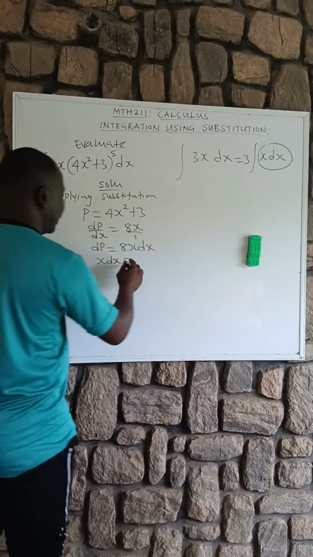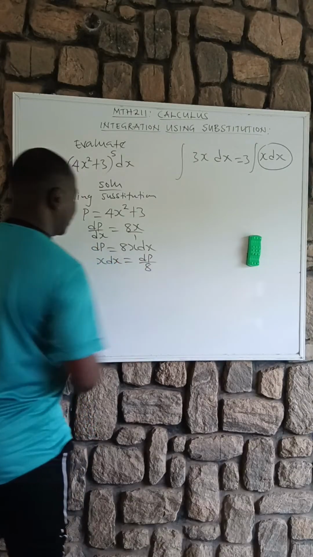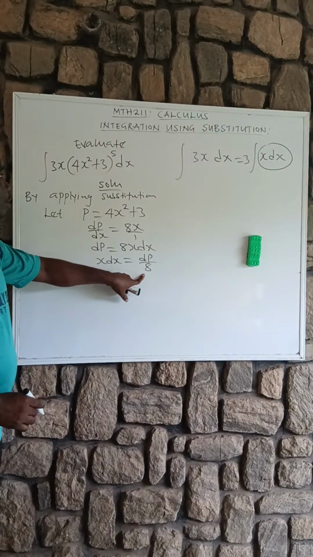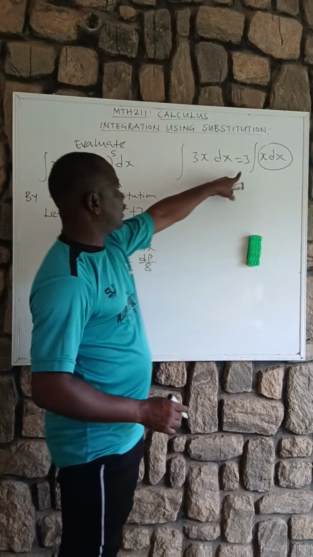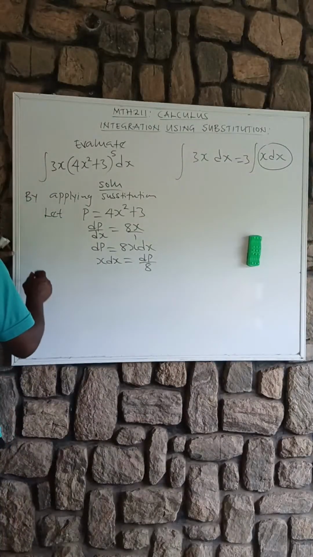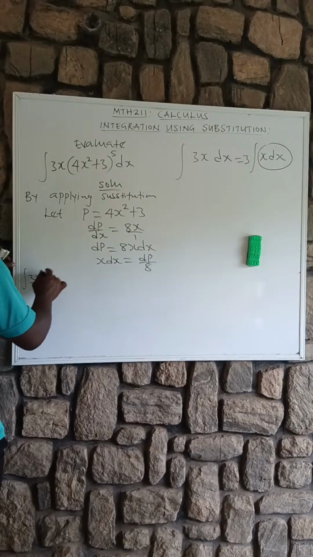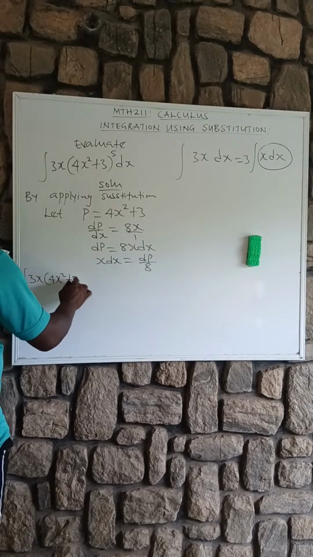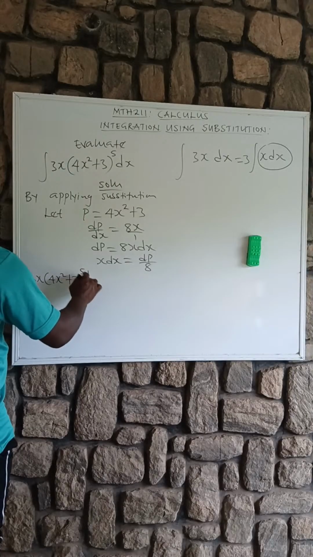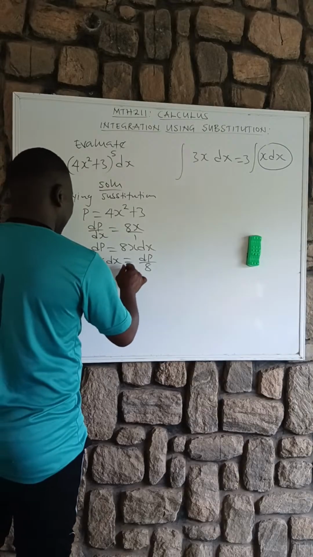We divide through by what? 8. So if we divide through by 8, dp all over 8 is what we are going to have. But mind you, there is a constant here, 3. So here, we can now write that our integral 3x, open bracket, 4x squared plus 3 raised to the power of 5 dx is equal to integral.